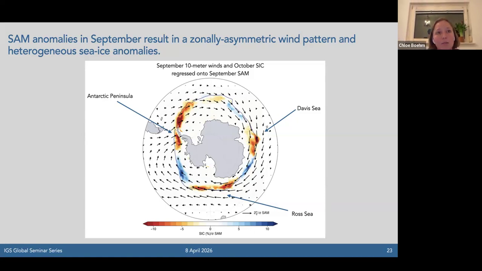That indicates that this change in these couple of areas, where the wind pattern has become zonally asymmetric in September, could be resulting in some sea ice advection, or maybe transport of warmer air from lower latitudes to high latitudes, resulting in these negative sea ice anomalies given a positive September SAM.